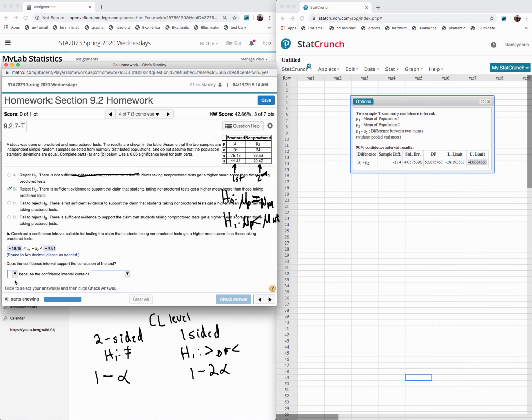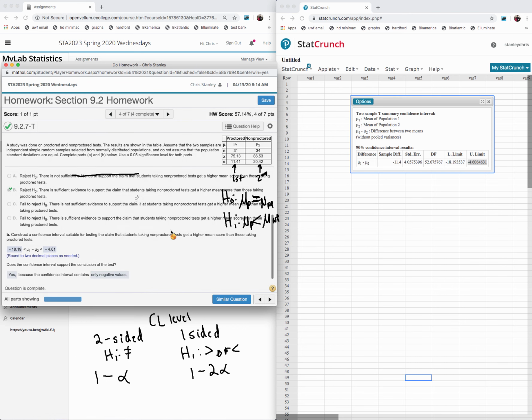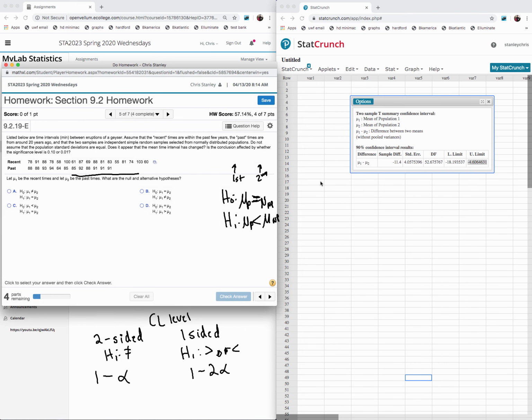Okay, now does it support the conclusion? So the conclusion is that non-proctored will be higher than proctored, or proctored will be less than non-proctored. And this is a yes, because the confidence interval has only negatives. They're both negative. Okay.